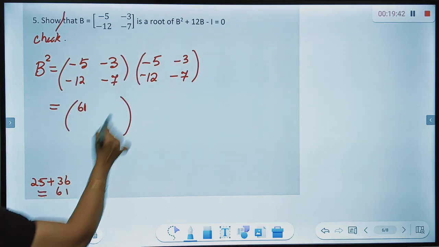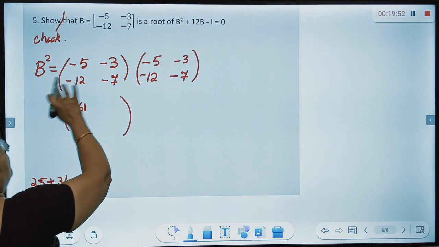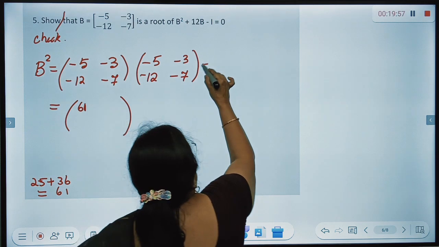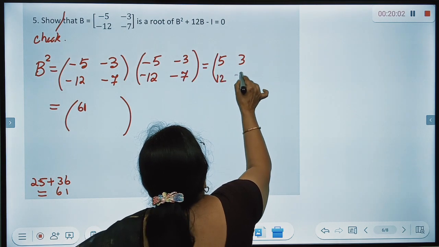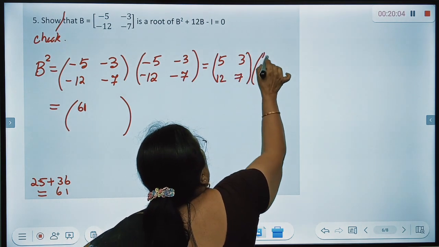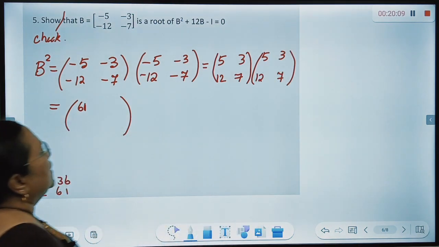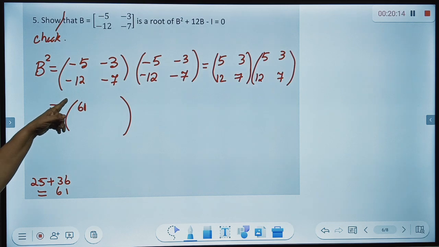First row, second column. Since every term has got minus, shall I just remove minus from everywhere? I can take out minus from every term in the first matrix and from every term in the second matrix, so it becomes positive.